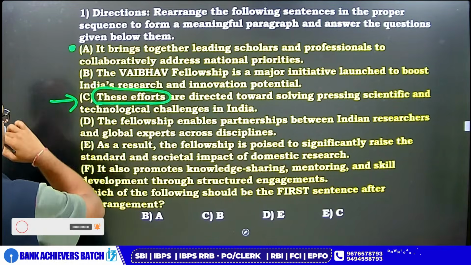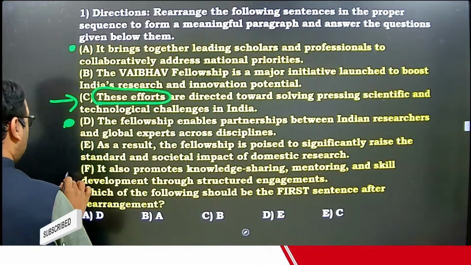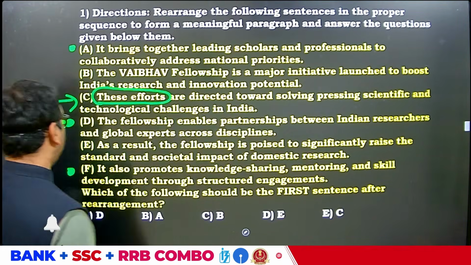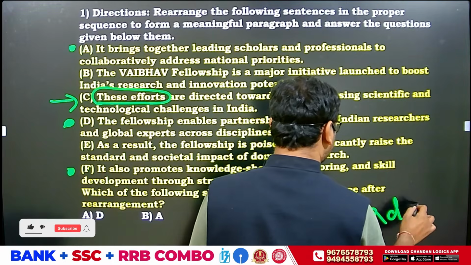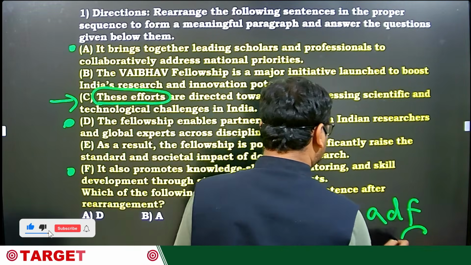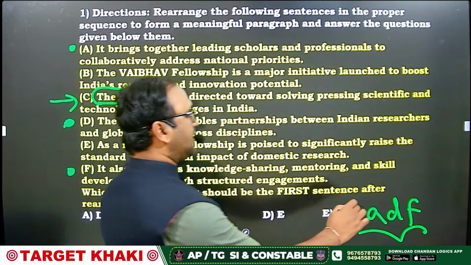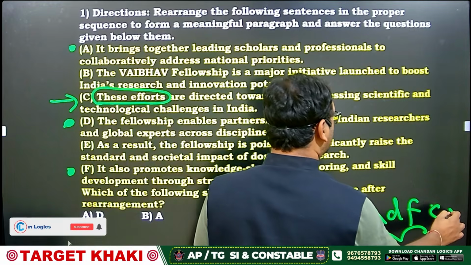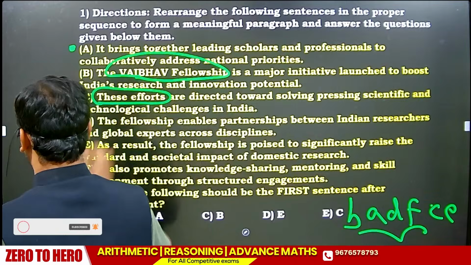Here there are some efforts, and here there are some efforts. So if you observe here, A, D, F, these three sentences have some efforts. Now these efforts come. And as a result is the ending sentence. And naturally this is a normal beginning sentence.